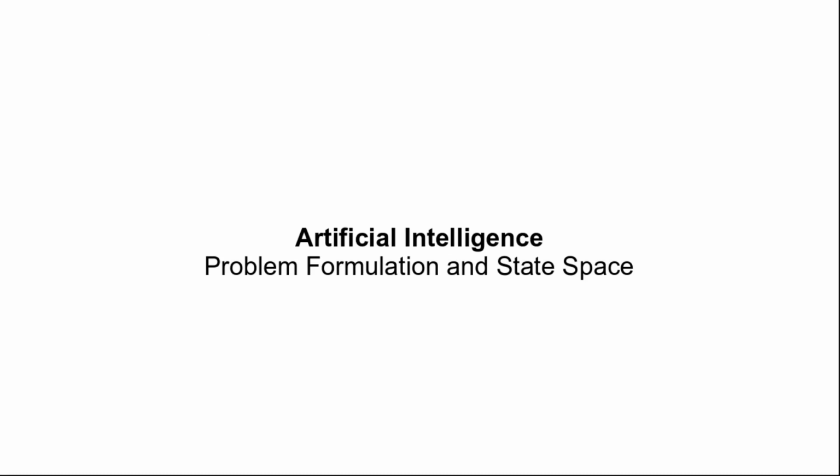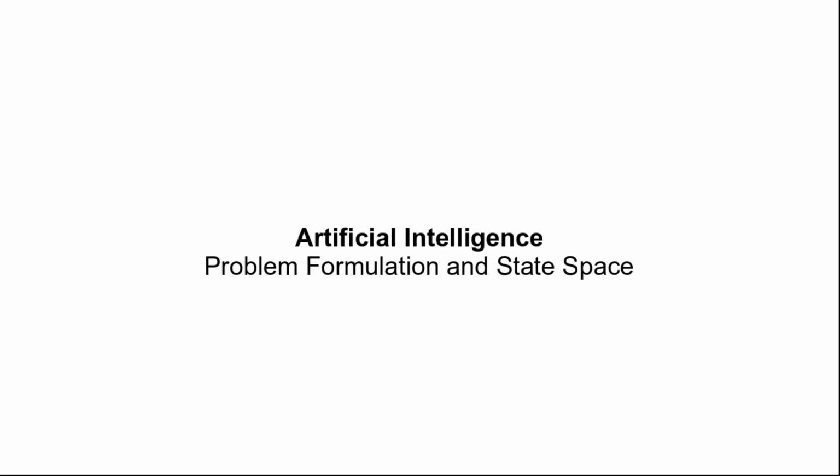In today's class, we will talk about problem formulation and state space. Goal formulation and problem formulation are the first two steps performed by an agent which solves problems by search.